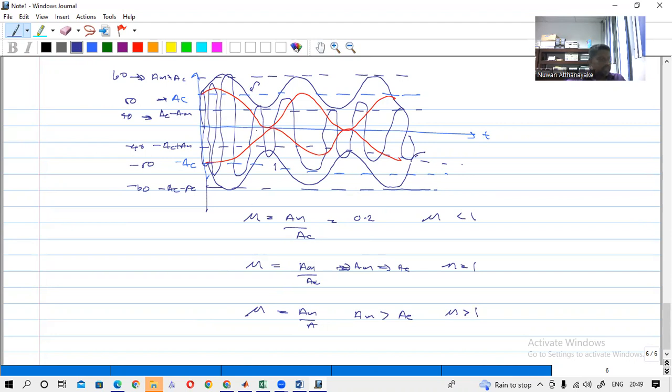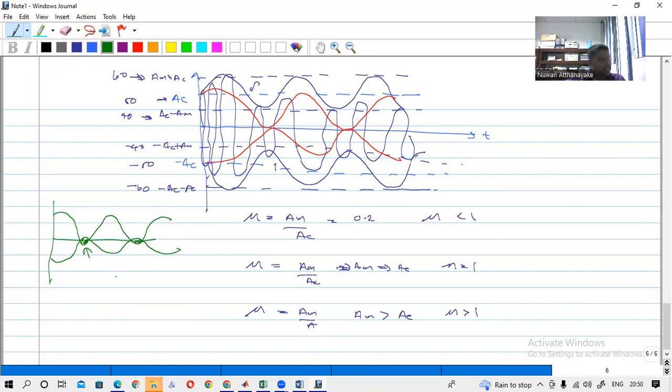At that time, this point will cross the x-axis, or zero axis. So you will get somewhat like this. I will write it here. You have a part here.